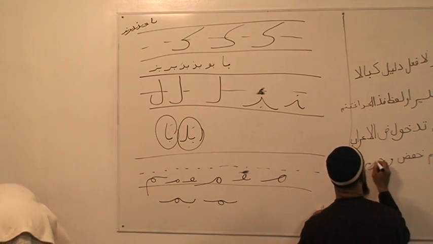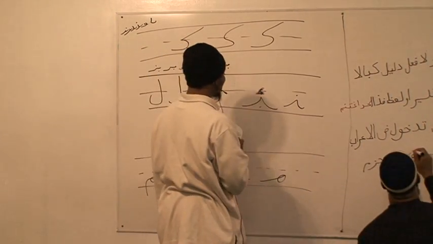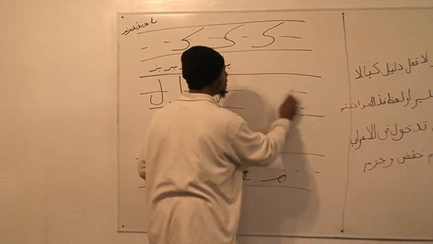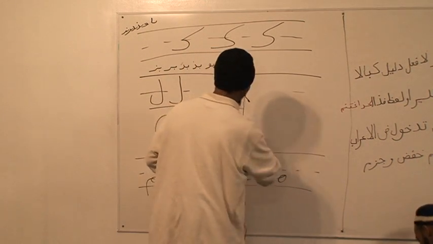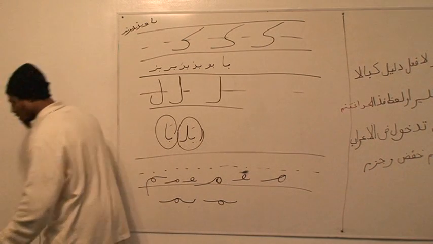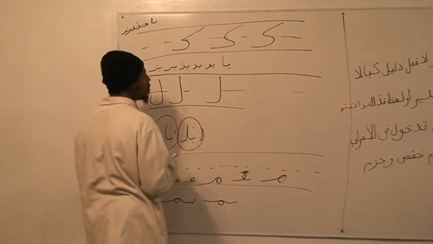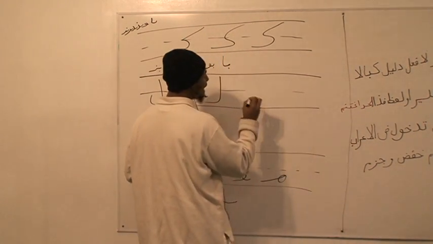You see that? It could be any of those letters. So you have to pay attention to the detail here. Noon is a bowl with a diacritical mark on top. Okay? Diacritical mark on top. You can write it like this.